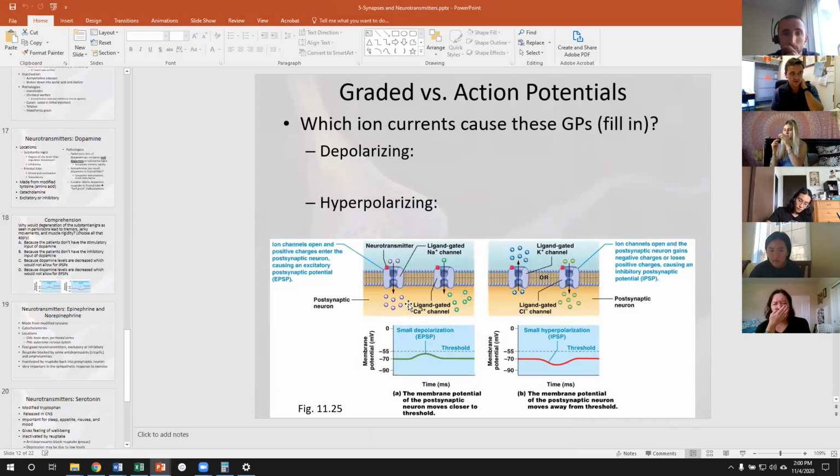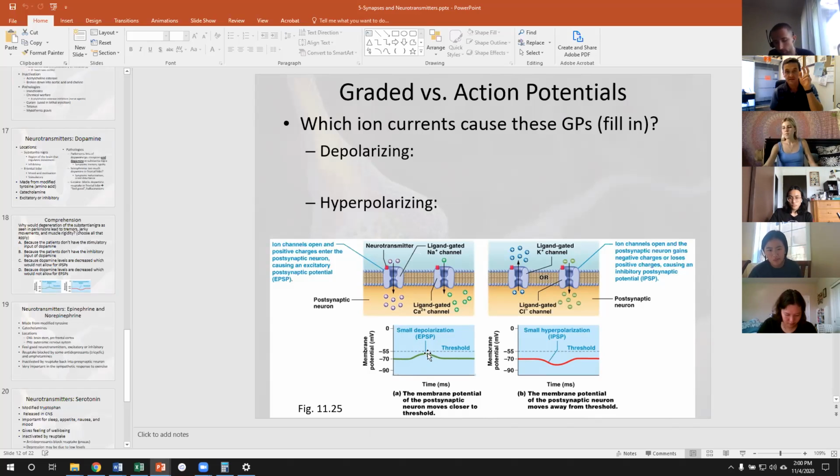Both of these are ways to cause depolarizing signals, or excitatory signals. It could be sodium rushing in, which is exactly what we have in the neuromuscular junction, or it could be calcium rushing in. That's new information. So that's a graded potential where it just goes up a little bit towards the action potential threshold, but doesn't necessarily cause an action potential.